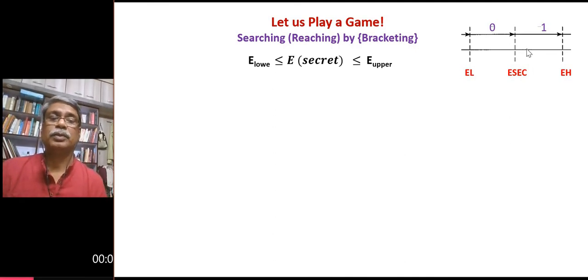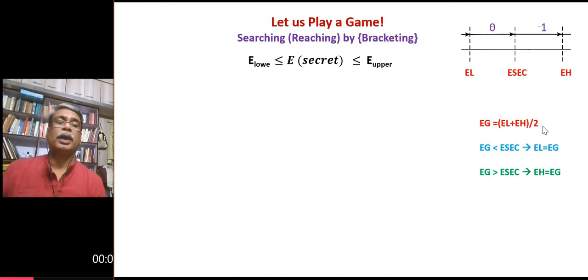It may be either on the right hand side of the E secret or on the left hand side of the E secret, that means in region 0 or in region 1. So I take the average. Now what happens? Suppose it is somewhere here. That means EG is less than E secret. So if it happens to be here, then in my next step I will readjust EL, or reassign EL to be the average value EG. So EL gets EG.